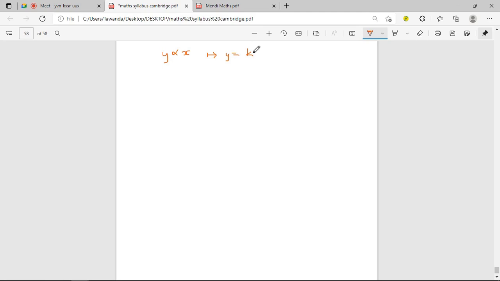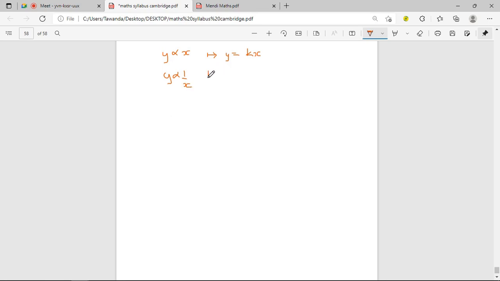Then we also have the inverse proportion. If y is inversely proportional to x, it will be 1 over x.